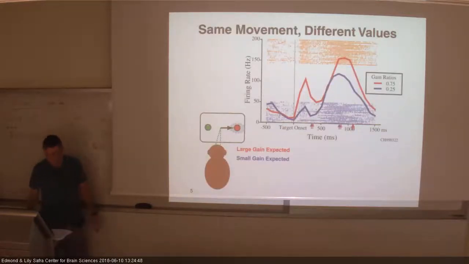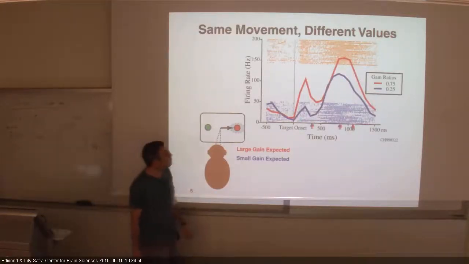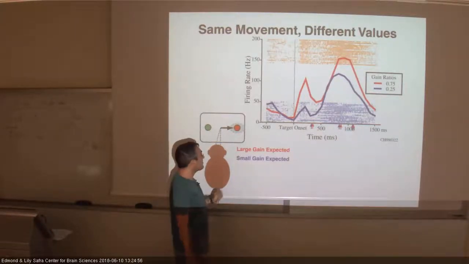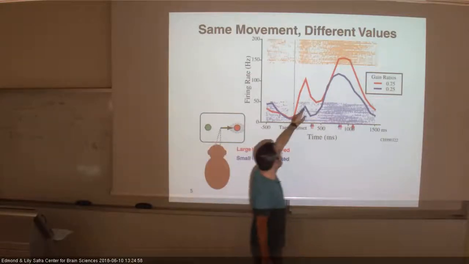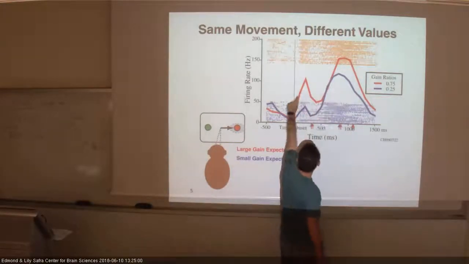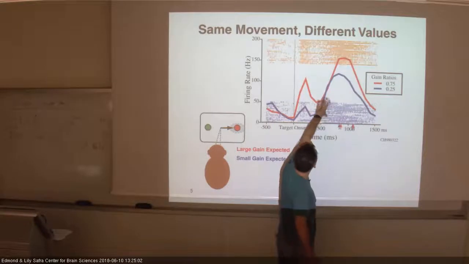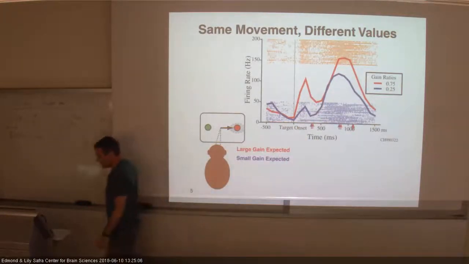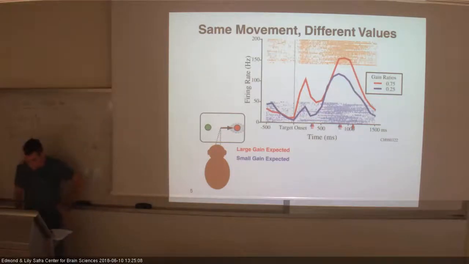This is area LIP. I will not go into the details of what is studied here. People are interested in these averages. But again, if we look at the individual neurons, there's a substantial volatility.